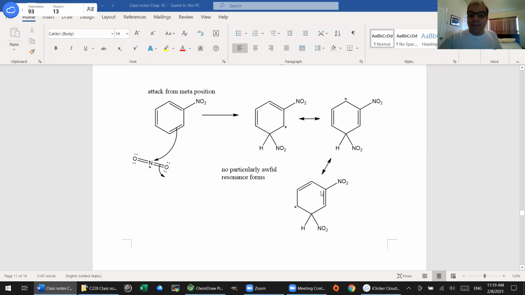At least we're keeping the plus charge on the 3 carbon atoms that aren't especially stripped of electron density by that electron withdrawing nitro group. And we would find the same thing if this nitro group were an aldehyde or carboxylic acid or ester group or ketone, let's say. At least we wouldn't be putting the plus charge right next to the electron withdrawing group.